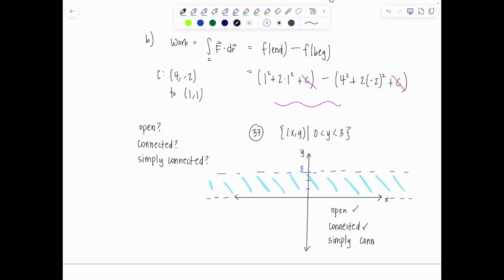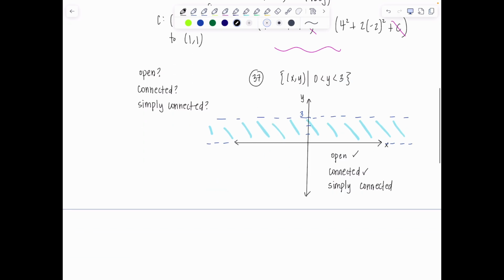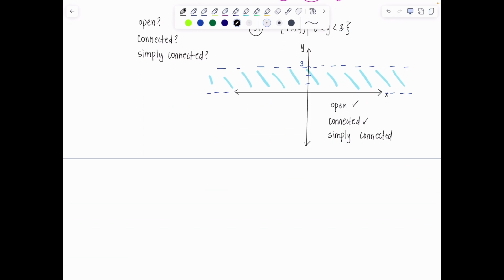Okay. Let's look at 38 now. 38, the set of (x, y) such that the absolute value of x is between 1 and 2. So let's see, what does this look like?